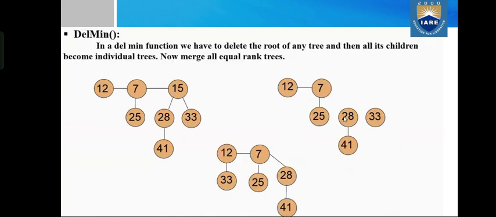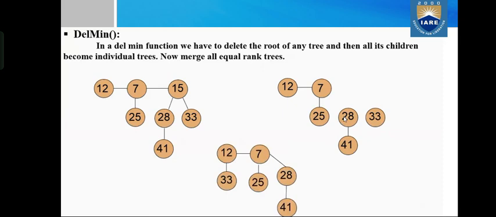Delete min. In the delete min function, we have to delete the root of a tree and then all its children become individual trees. Now merge all the equal rank trees. To delete the minimum, if you want to delete 15 from the tree, first you delete 15 from the binomial tree.